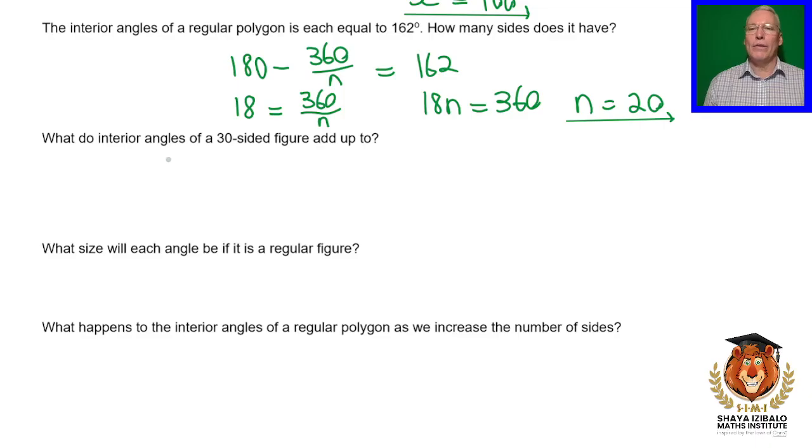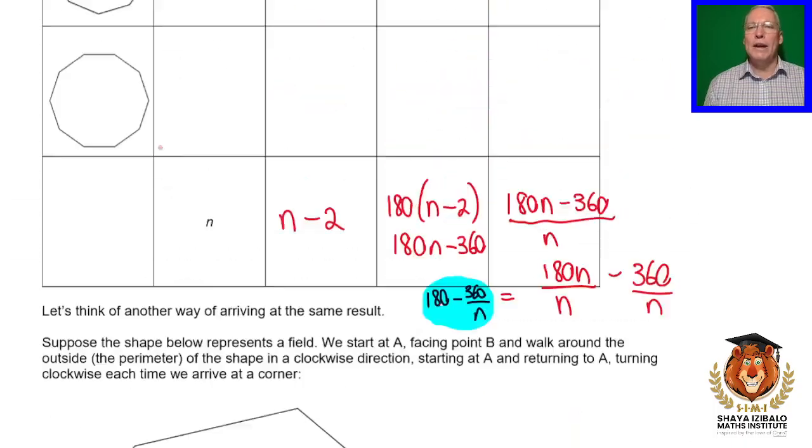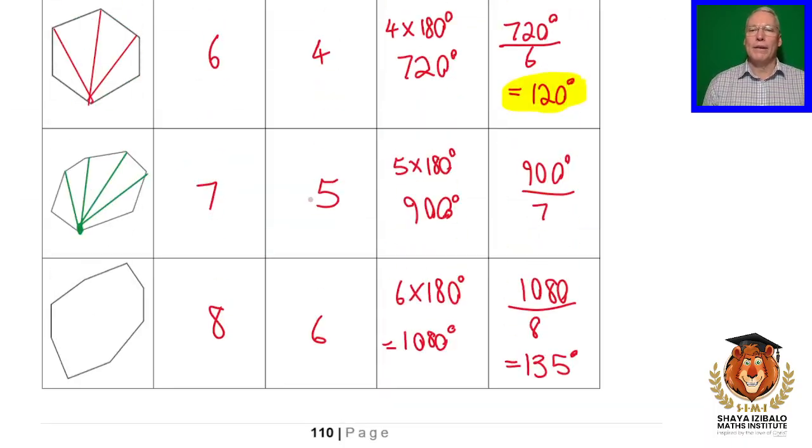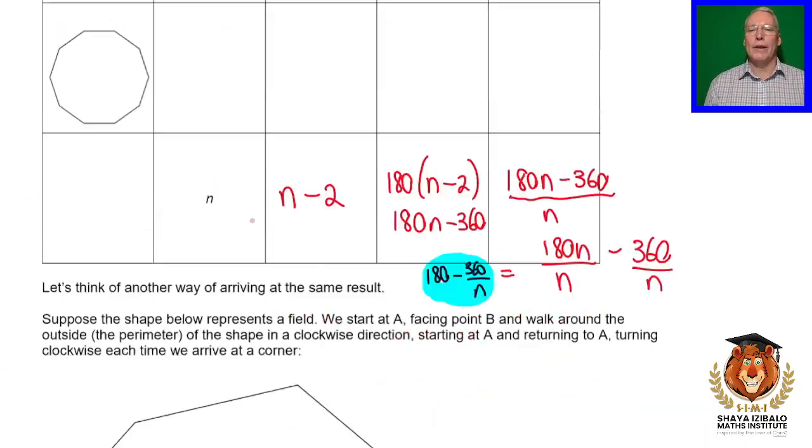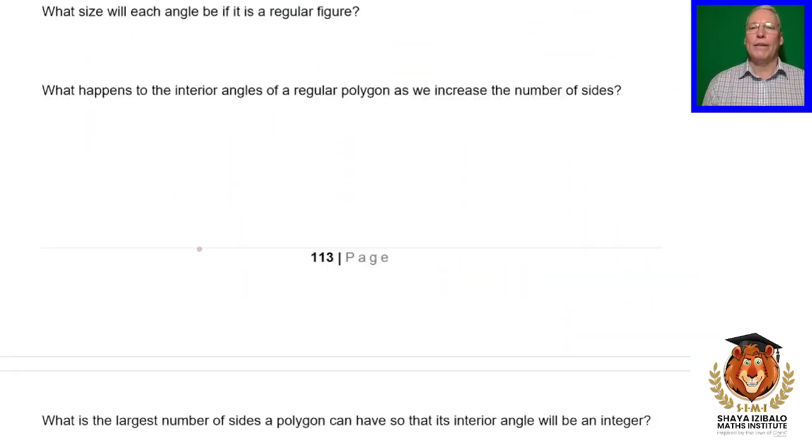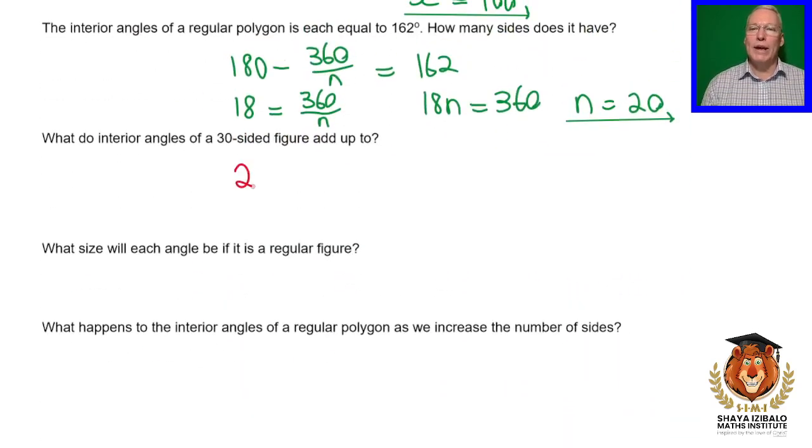What do the interior angles of a 30-sided figure add up to? I want you to think, if there's a 30-sided figure, how many triangles can we make? Well, 2 less than the number of sides. So in fact, it will be 28 triangles. So 28 times 180.